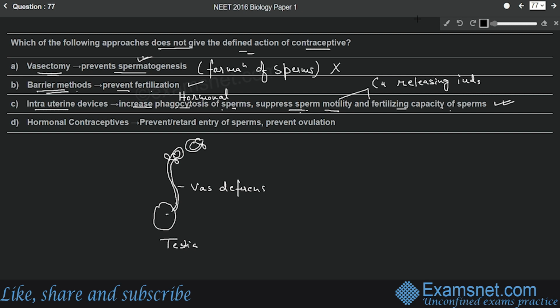So this is also correct. Now the fourth one is hormonal contraceptives prevent or retard the entry of sperms and prevent ovulation. So this is also correct. So the only incorrect one is the first one. So option number A is the correct answer.